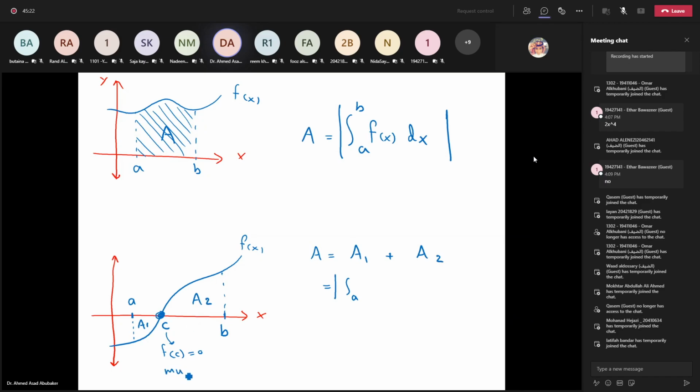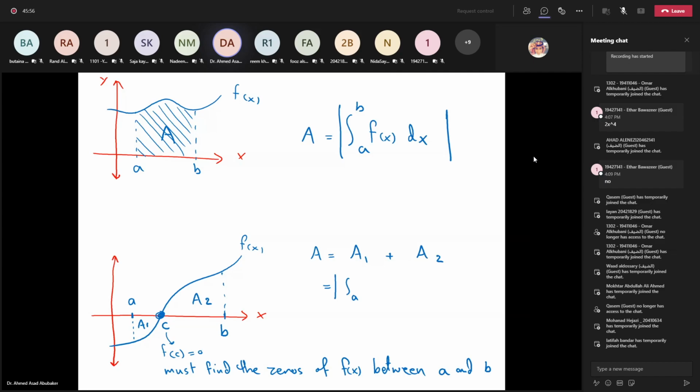So we must find the zeros of f of x between A and B, not any zeros. We need to find the zeros of f of x between A and B. If C is between A and B, this is two parts.